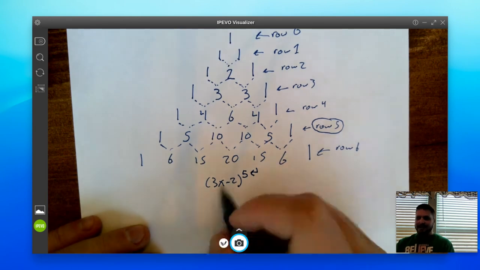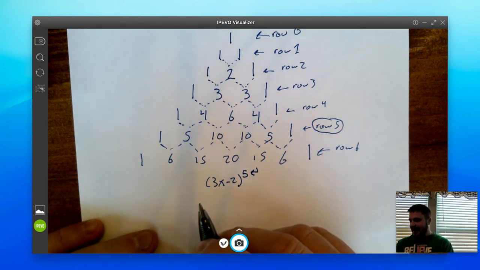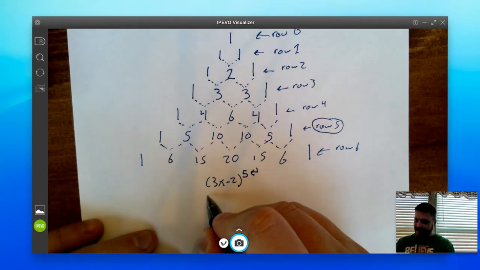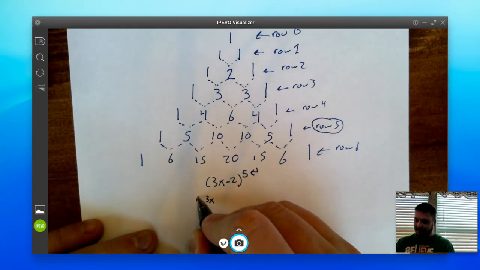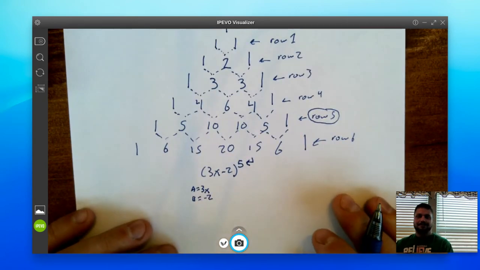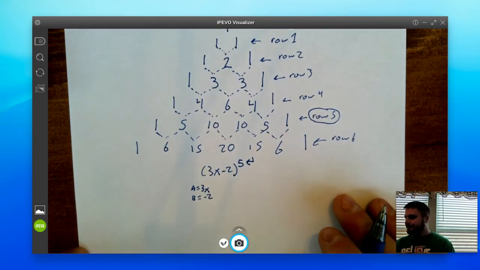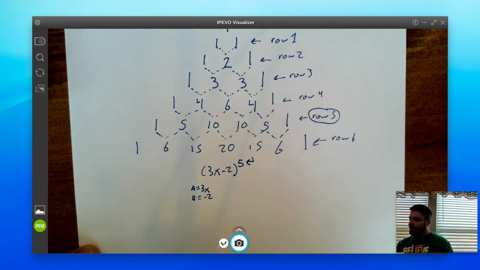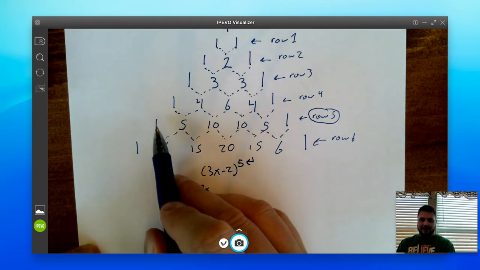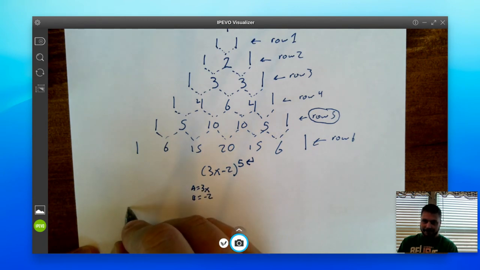I do need to identify A and B. So A here is 3x, and B here is negative 2. To do this, I go to row 5 because that's my exponent. Here's my first number in row 5, a 1.